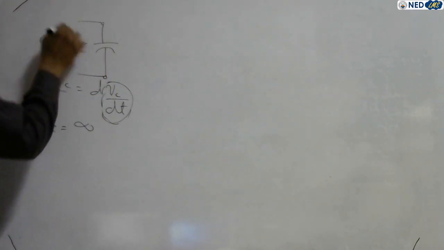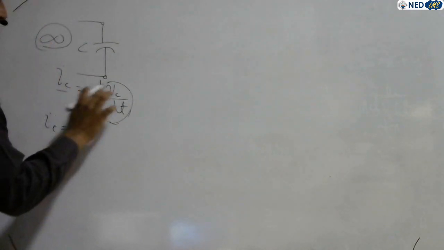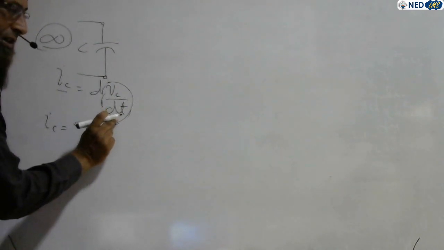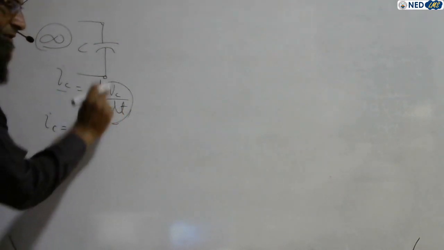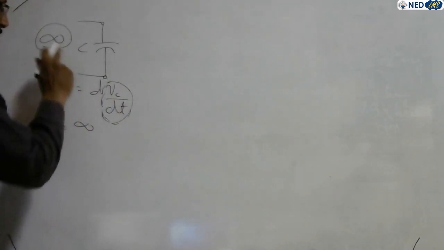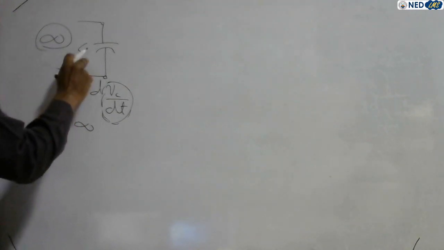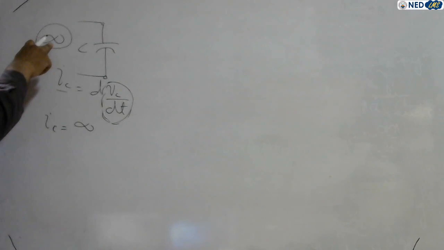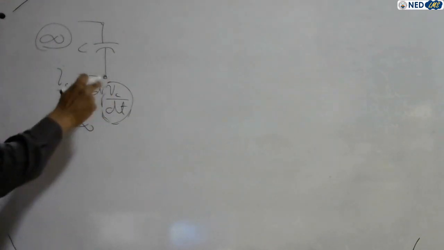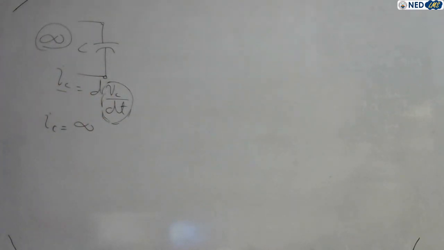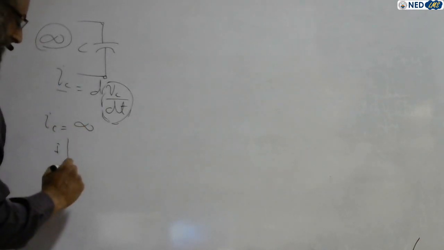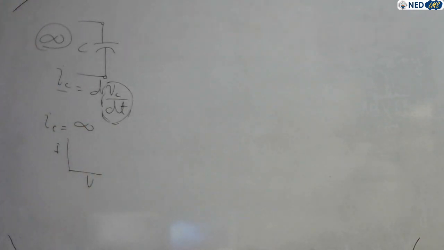If you want to change the voltage in zero time, the derivative is something over zero, which is infinity. So you need an infinite amount of current to flow in the capacitor to change its voltage abruptly. So it opposes abrupt change in voltage. That's why in a capacitor, current leads. Current comes first, then voltage. Why?